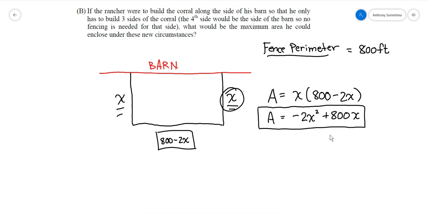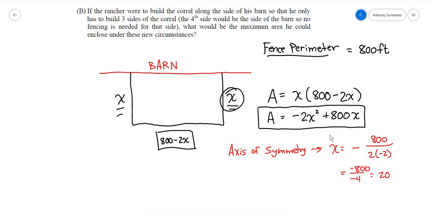And that's going to happen at the axis of symmetry. So my axis of symmetry is going to happen when x equals negative b over 2a, which is going to give me basically negative 800 over negative 4, which is 200.